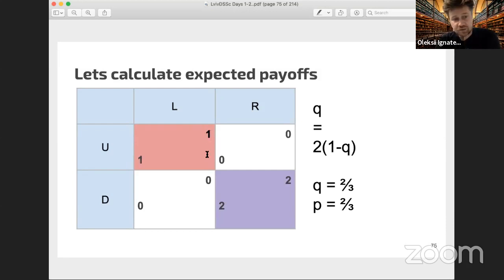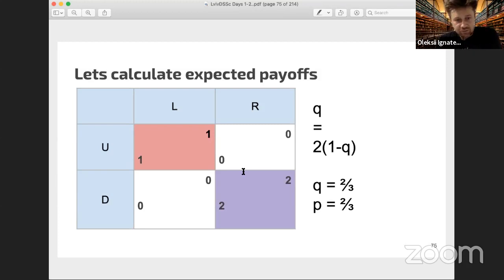For example, consider the coordination game with assurance, where you have 1-1 payoffs here, 2-2 payoffs here, and 0-0 in this situation. You have two pure Nash equilibria here, UL and DR. But besides this, you also have a mixed strategy equilibrium.